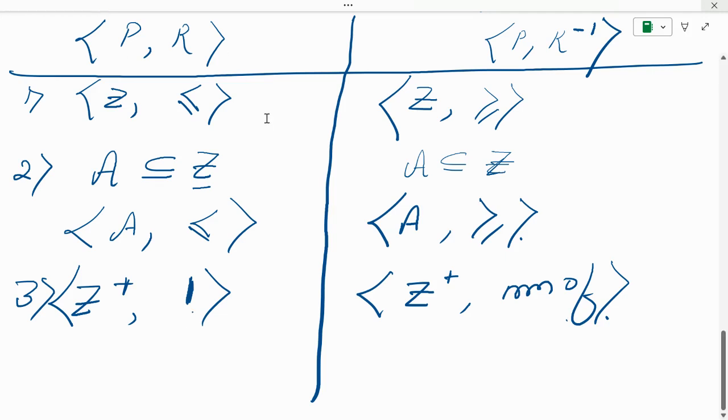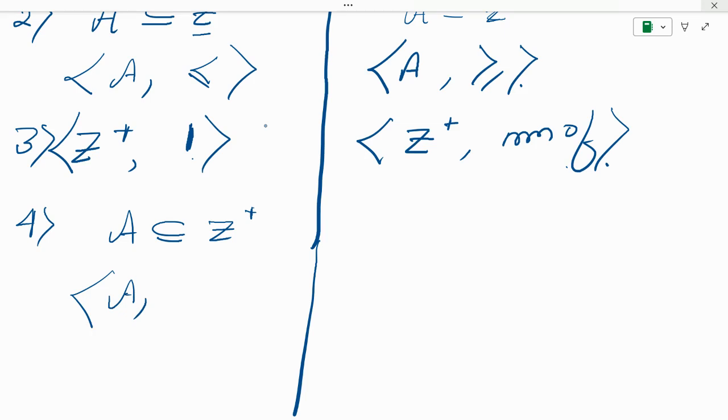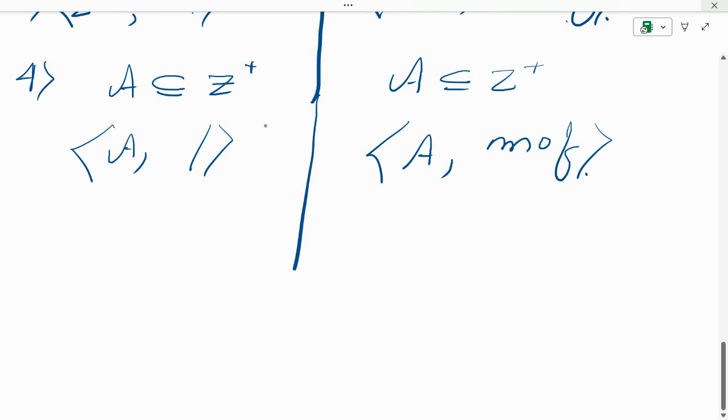Then, if A is a subset of Z plus, A with division is a poset, and similarly A with multiple of is a poset. Now let's see another one, the fifth.